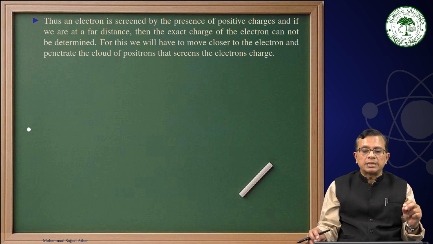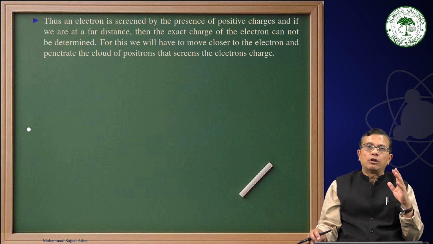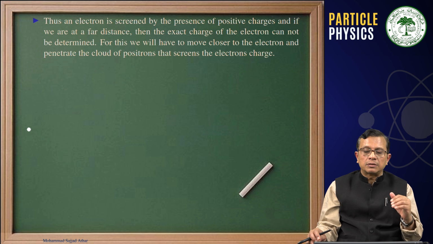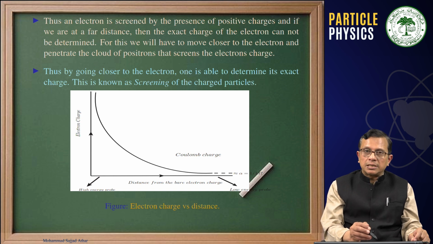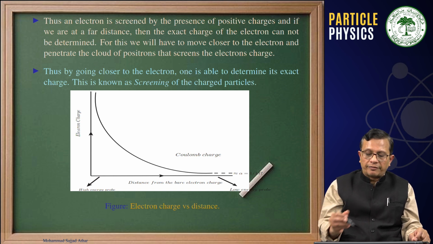Thus, an electron is screened by the presence of positive charges, and if we are at a far distance, then the exact charge of the electron cannot be determined. For this, we will have to move closer to the electron and penetrate the cloud of positrons that screens the electron's charge. And therefore, this is the real charge of the electron on the y-axis.